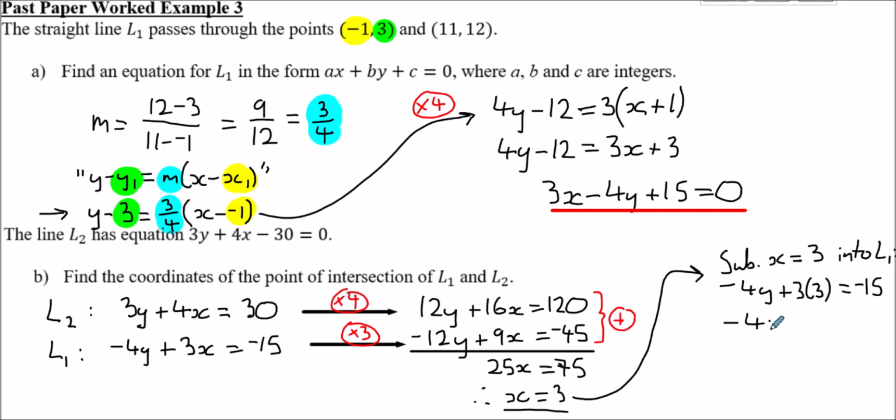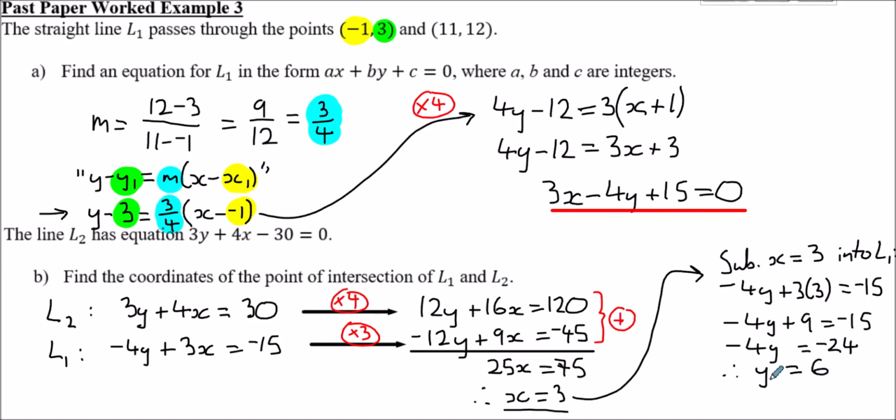So minus 4y plus 9 equals minus 15. Minus 4y equals minus 24 if we subtract 9 from both sides. Therefore, if we divide through by minus 4, we see that y has to be 6.